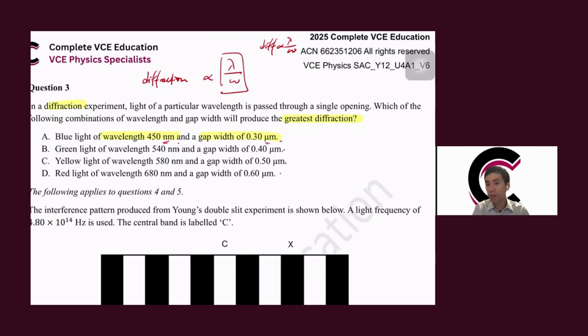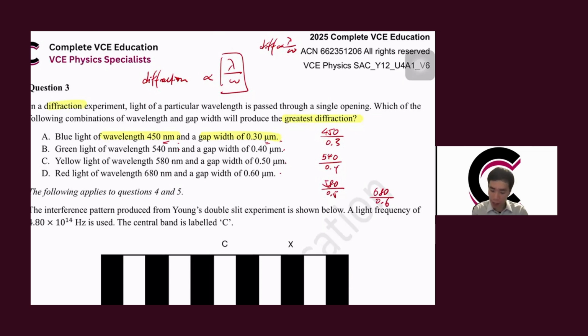You simply use the same set of units for all the calculations. So for instance, the blue light is 450 over 0.3. And then you have the next one, 540 over 0.4, and so on and so forth. 680 divided by 0.6. And you simply compare the size of these ratios.